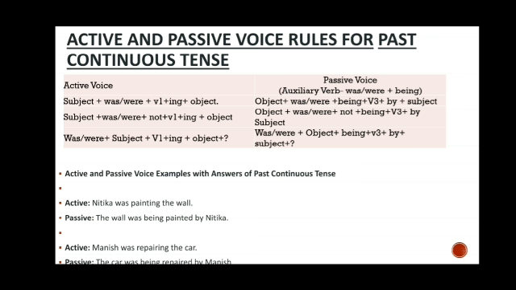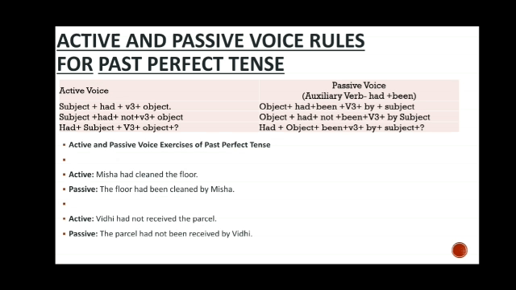And while you are changing in negative, not comes in the middle, as it is, the rest remains the same. If we are writing in interrogative, was and were we are keeping at first, that is, was and were will come before the object. See here, Nikita was painting the wall. So the wall was being painted by Nikita, BEING. Okay. Now here, Manish was repairing the car. The car was being repaired by Manish.